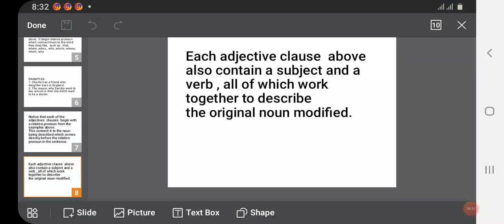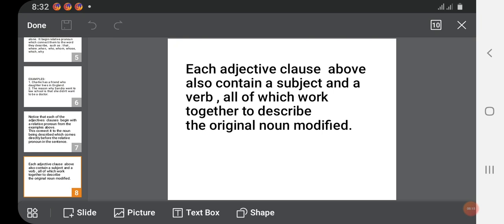Is that taken? Before we end this class, who can tell me what a dependent clause is? A dependent clause is a clause that cannot stand on its own. Yes. And it consists of a subject and a verb.